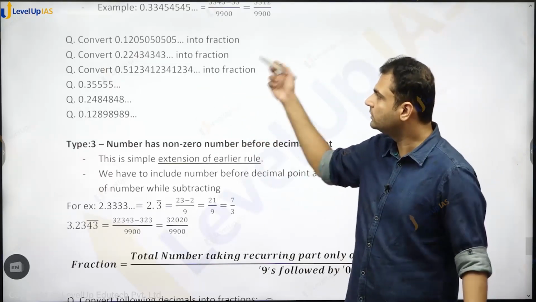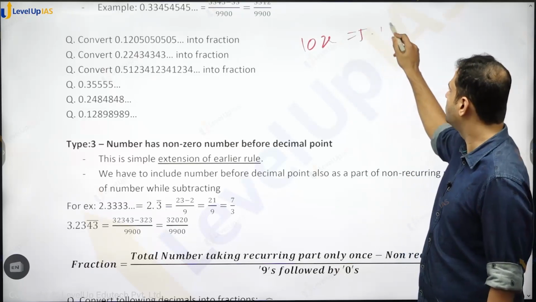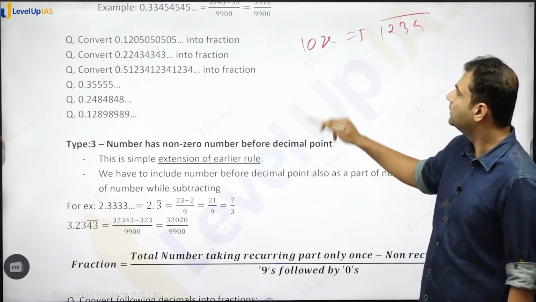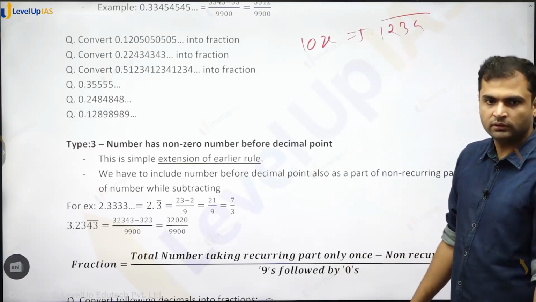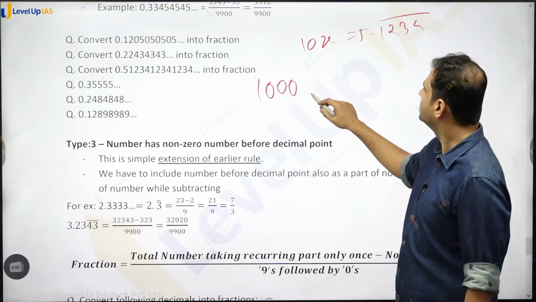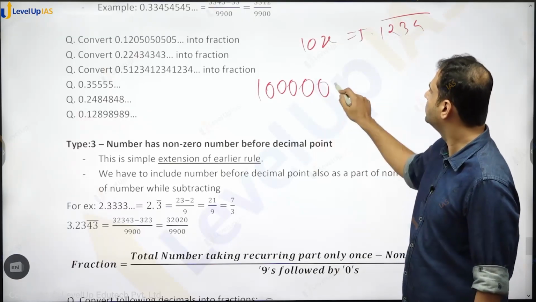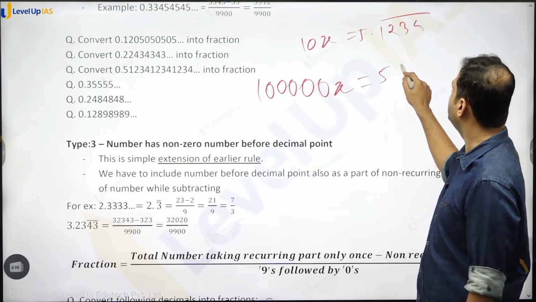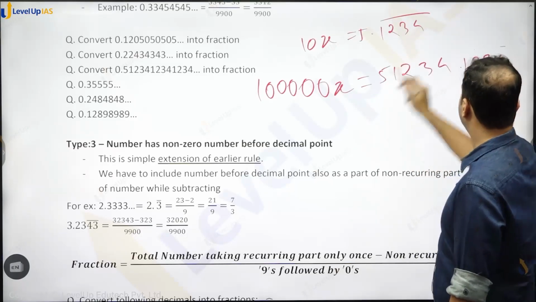What you can do is you can again multiply by 10. 10x is equal to 5.1234 bar आएगा. Now you multiply by 10,000, है ना? So you will get here 1 lakh x is equal to 51234.1234 bar.